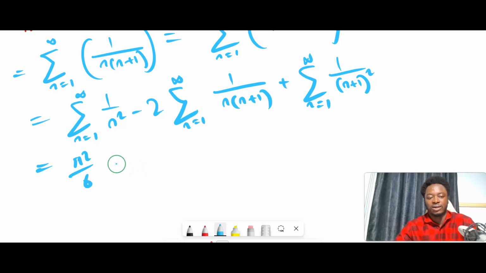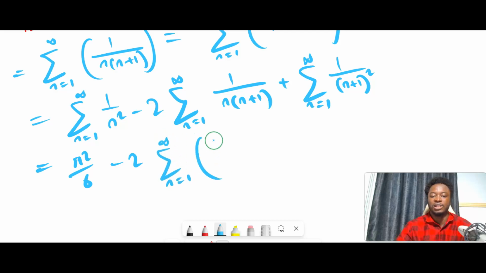The second one is minus twice the sum, which we could write as a telescoping series of 1 over n minus 1 over n plus 1.